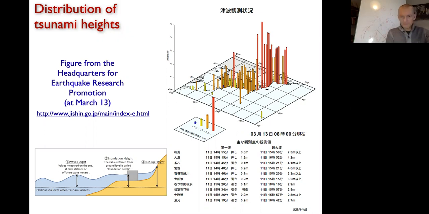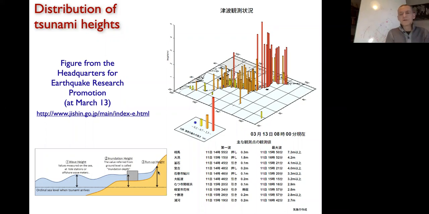Then when the gravity wave is entering the land, its entrance will depend, of course, on the local bathymetry. Maybe the coast could be very steep, or it could be very gentle. According to this interaction between the fluid waves, the gravity waves, and the local bathymetry, you can have a different interaction. And so the final height reached inland could be very different.